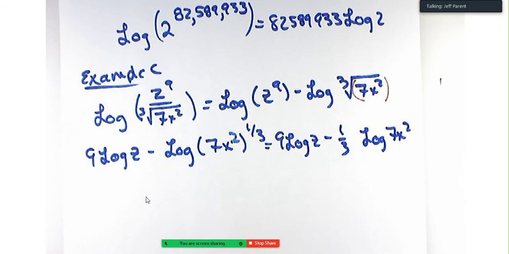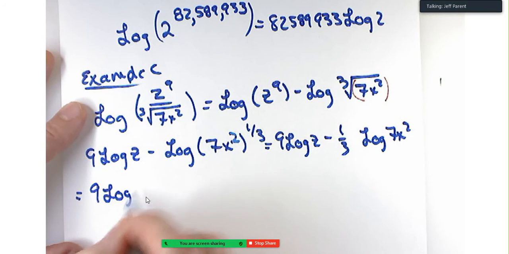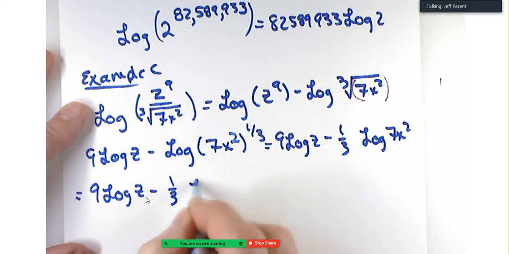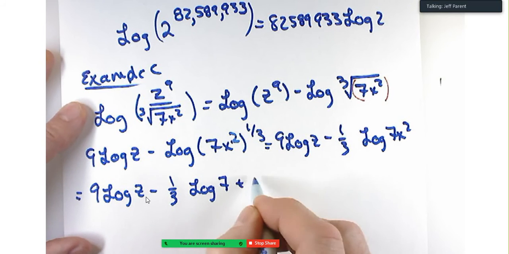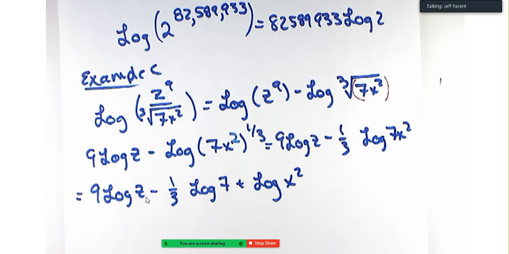Now I always make kind of a big point of this, but it's because it's a common mistake. This often gets rewritten like this: 9 log of z minus 1/3 log of 7 plus log of x squared. That's wrong.